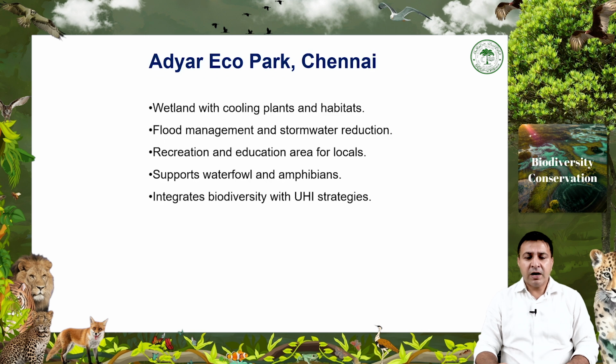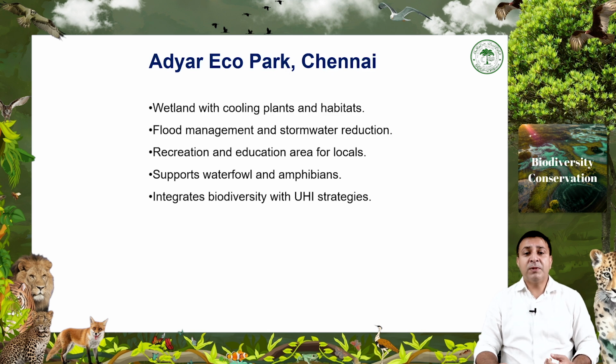Another is Adyar Eco Park, Chennai. Adyar Eco Park, also known as Poonga, is a restored wetland in Chennai that provides natural cooling and flood control benefits while supporting a variety of species, including waterfowl as well as numerous amphibian species.